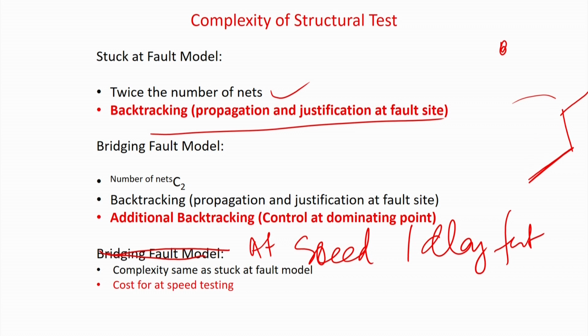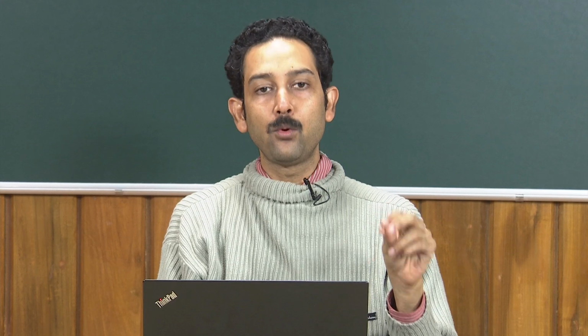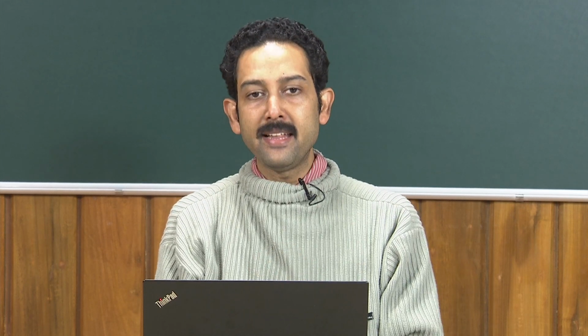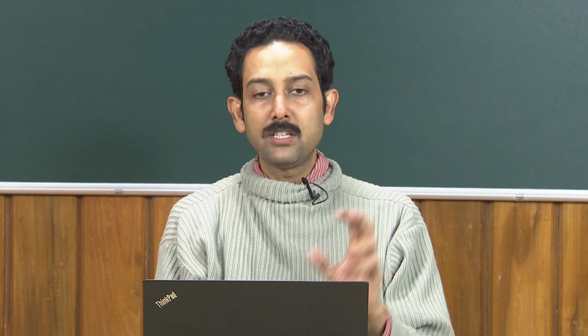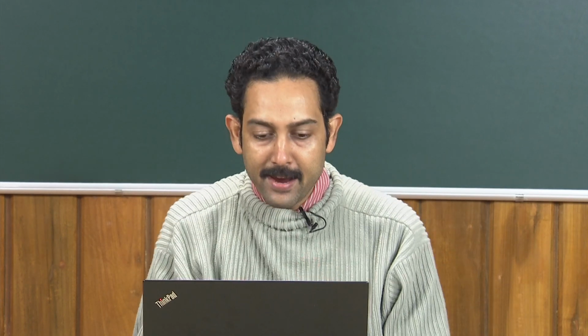So there is no additional constraint, but the only issue is that the value has to be applied at speed. It does not involve any computational complexity as such, only that you should have a higher speed ATE, or sometimes you put the signals inside the built-in self-test mode on the on-chip circuit which will apply them. That complexity you have already seen can be handled by DFT circuits.